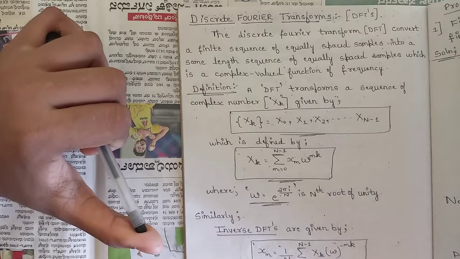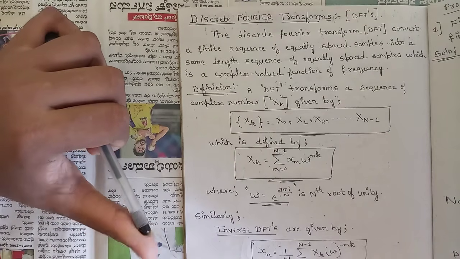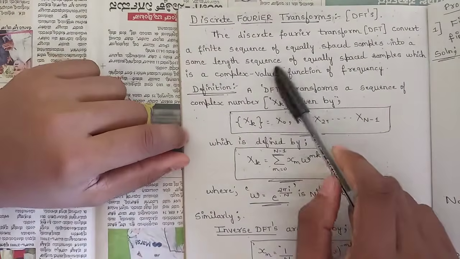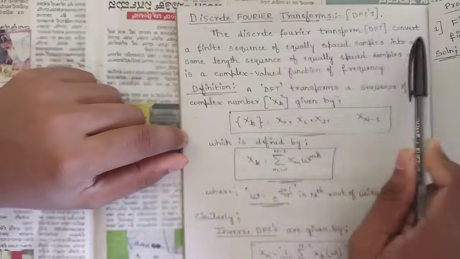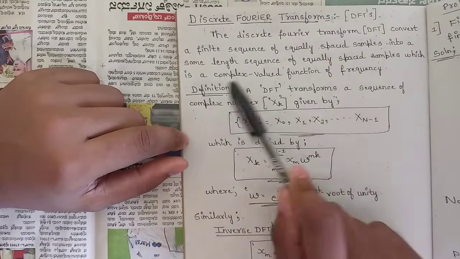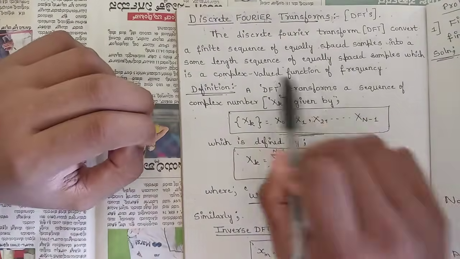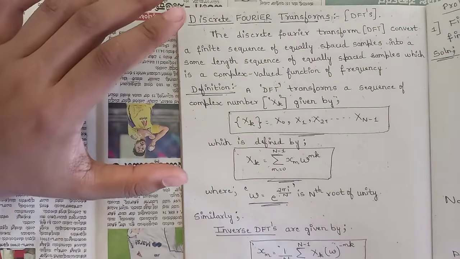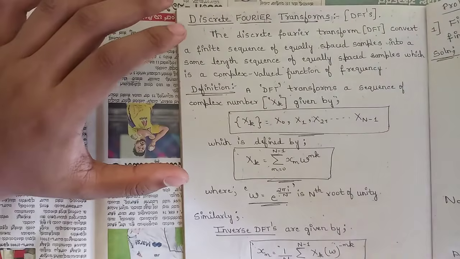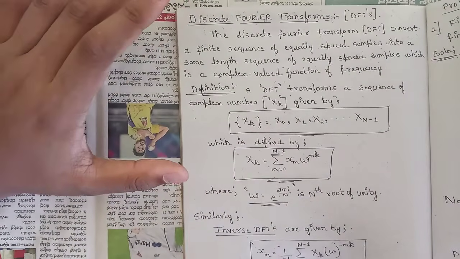Now let's discuss them. The discrete Fourier transform, DFT, converts a finite sequence of equally spaced samples into a same length sequence of equally spaced samples, which is a complex valued function of frequency. We generally consider the DFT in this form.